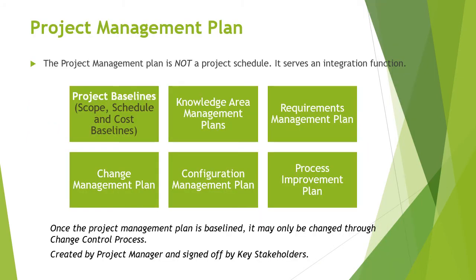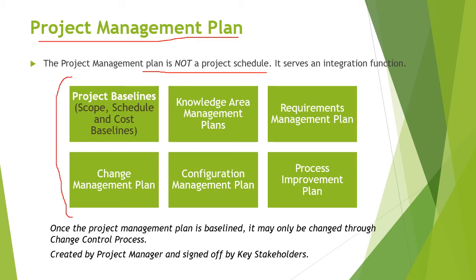Okay, so now let's summarize the project management plan. The project management plan is not a project schedule, we already discussed. It is the document that describes how the project will be executed, monitored, controlled, and most importantly, how it will be closed. It integrates and consolidates all the subsidiary plans and baselines, right?